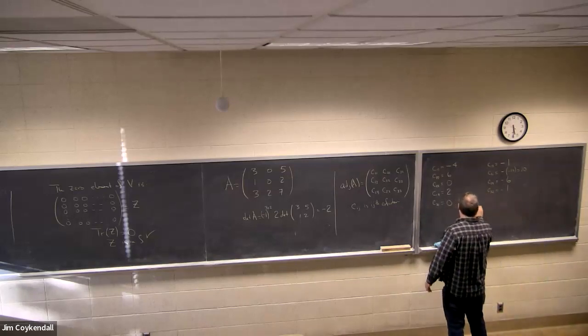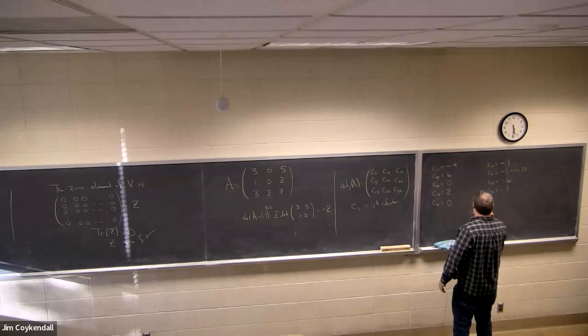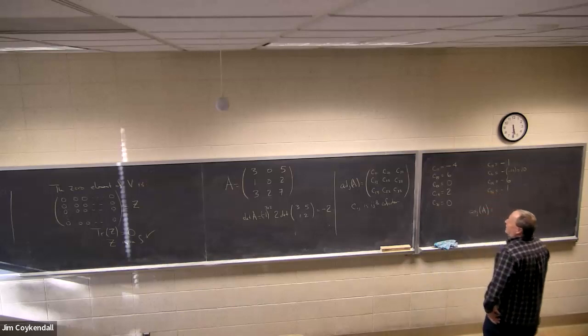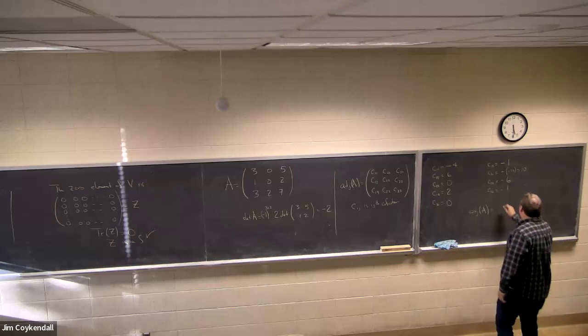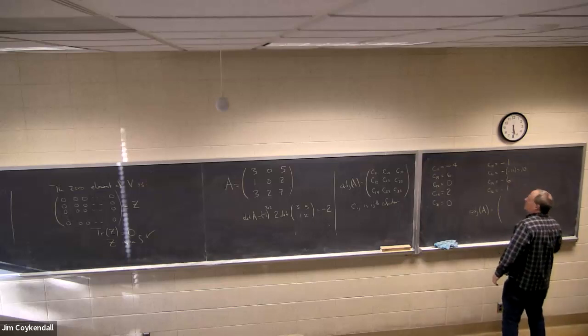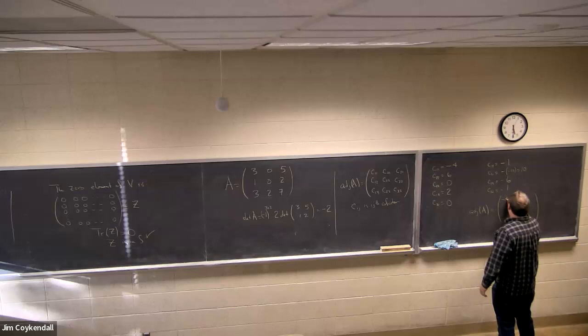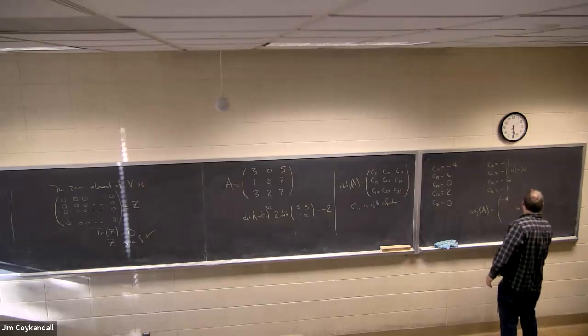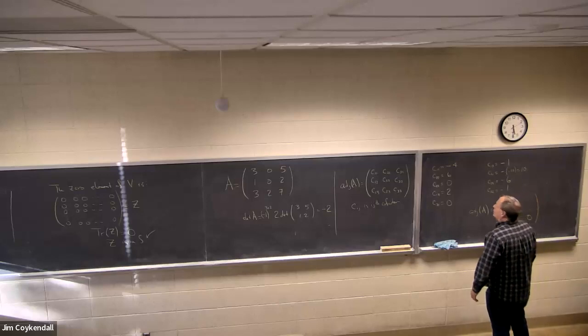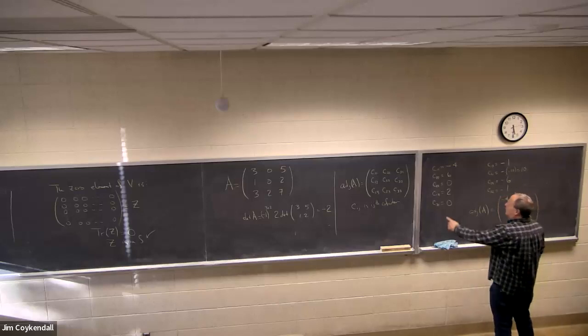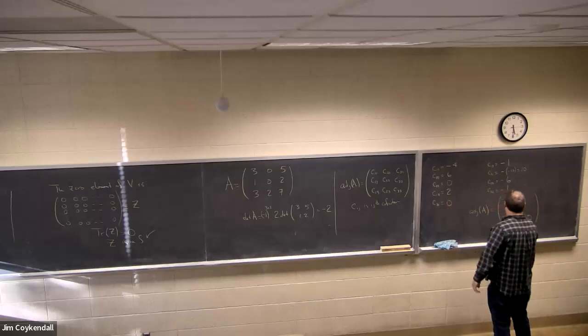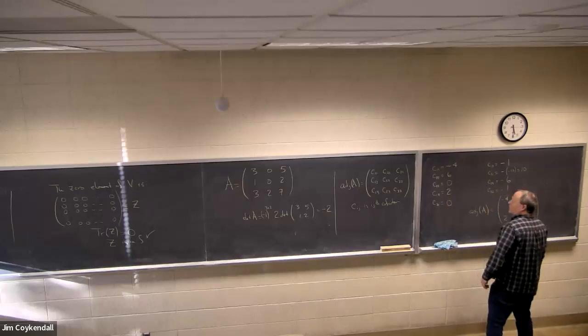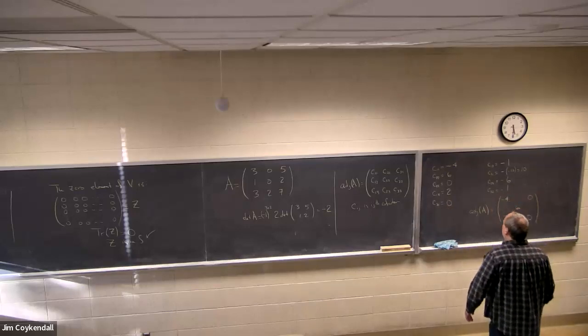So the classical adjoint of A, let's fill in the numbers. C11 is -4, C22 is 6, C33 is 0, C21, 13 goes down here, and 31 goes up there.